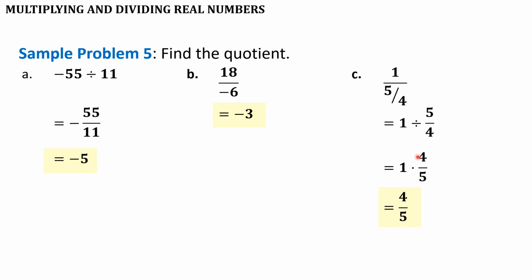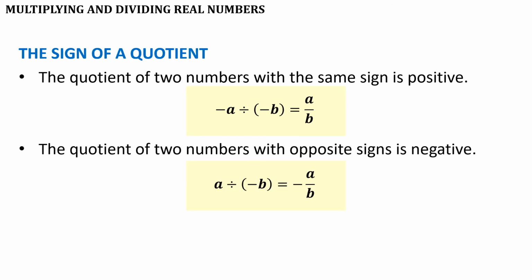That's all we have to do. So instead of dividing 1 by 5 over 4, we can multiply 1 by 4 over 5. And we know that anything that we multiply by 1 is going to be the same number. So our answer is going to be 4 over 5. Or 4/5, sorry.